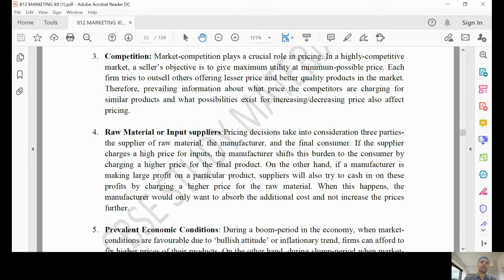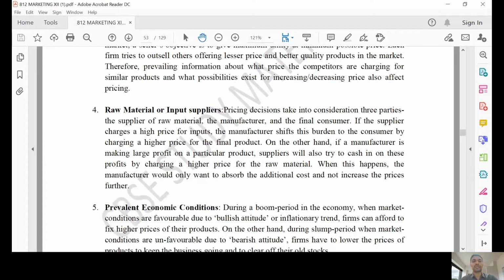Another important factor which cannot be easily controlled by an organization is the raw material or input suppliers. Suppliers are supplying raw material. Using that raw material, finished products are made. If the cost of raw material is more, if the cost of inputs like machinery or manufactured parts is more, in that case it will affect the final price also.